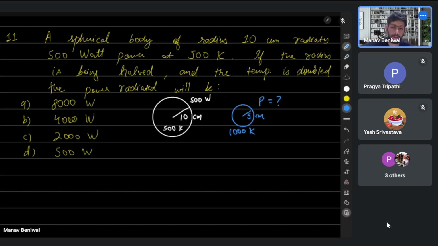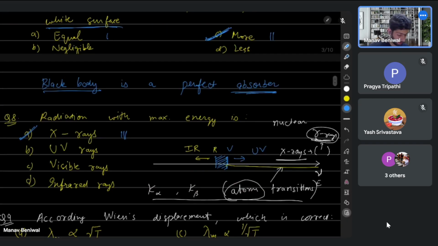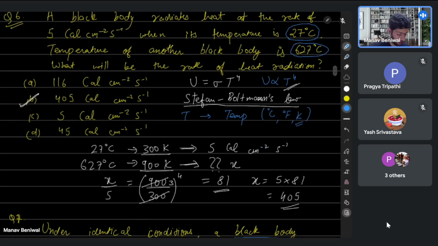Okay, so which equation will we use here? So Stefan Boltzmann. Yes, Stefan Boltzmann. Now, one thing to note in Stefan Boltzmann, so we had solved one problem already. Let us go back here, right?